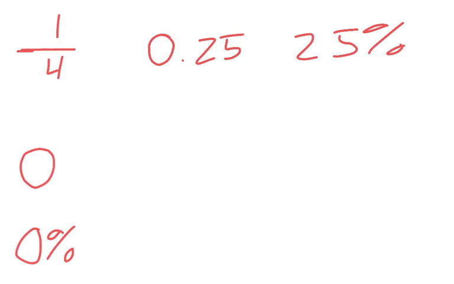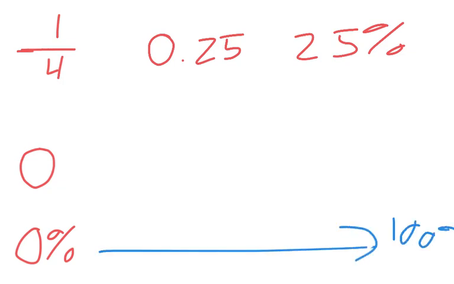Thank you. Okay, so this is the smallest number that can occur with a probability. What is the highest? If something is certain to happen, that is a 100% probability. How would we write that as a decimal? What's 100% as a decimal number? It's just 1.